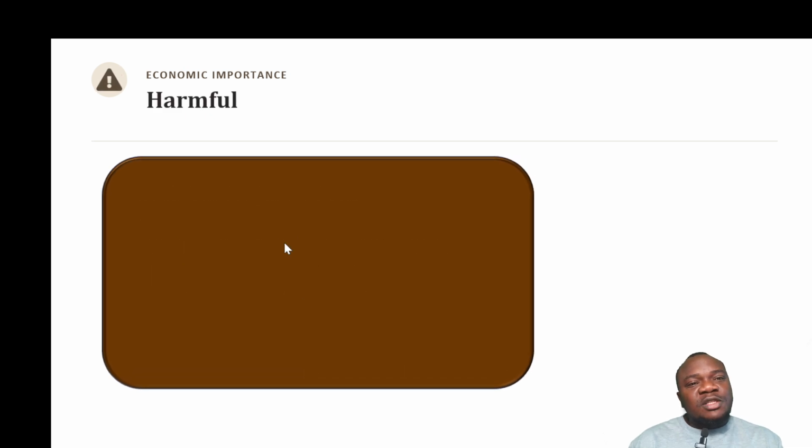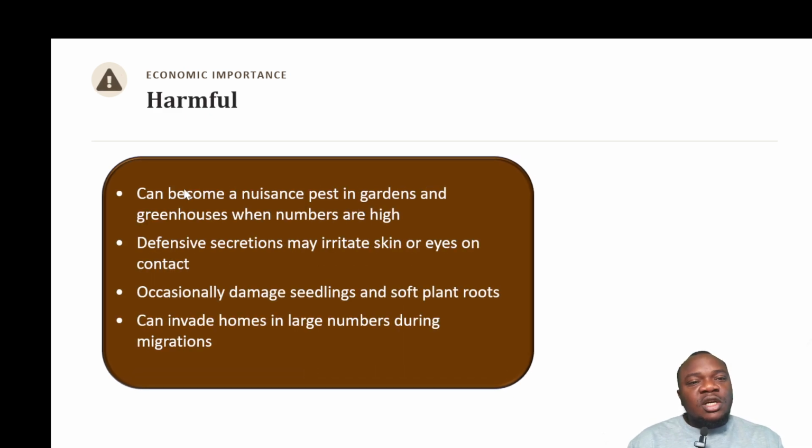So the harmful effects of these species: they can become a nuisance pest in gardens and greenhouses when their numbers are very high. Defensive secretions may irritate skin and eyes. Occasionally, they can damage seedlings and soft plant roots and can invade homes in large numbers during migration.